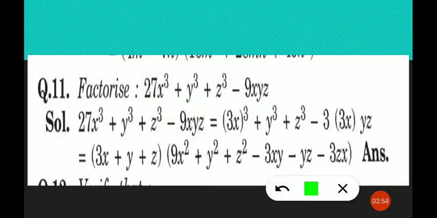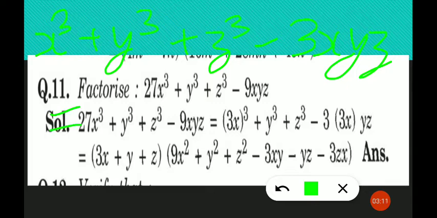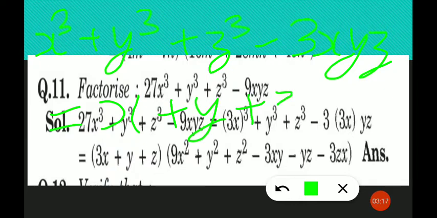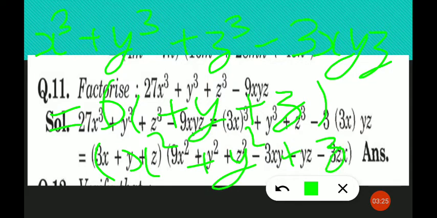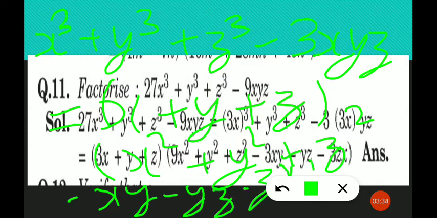Remember students, we have learned the formula which says x cube plus y cube plus z cube minus 3xyz is equal to (x plus y plus z) multiplied by (x square plus y square plus z square minus xy minus yz minus zx).